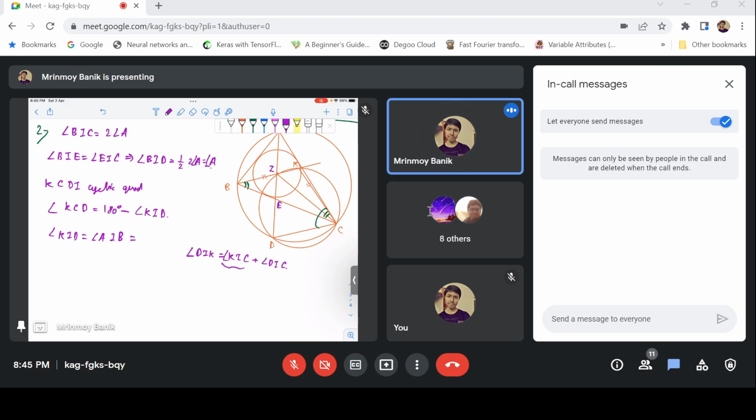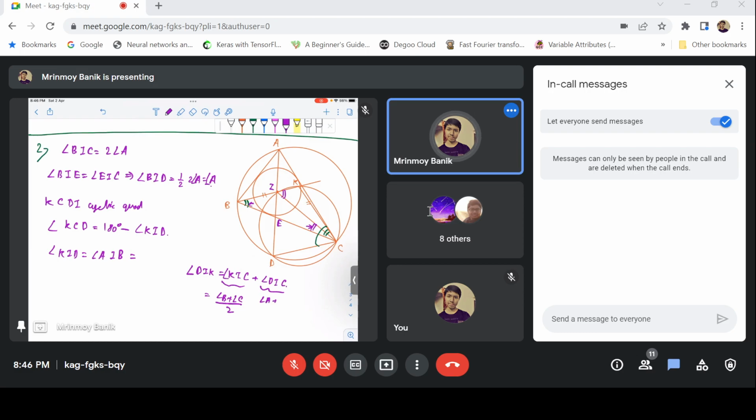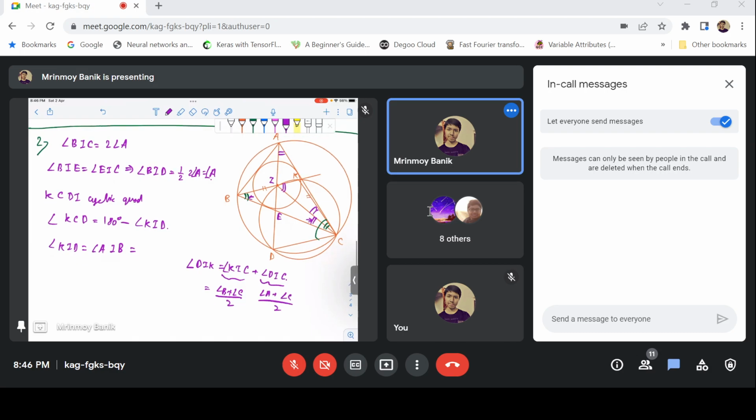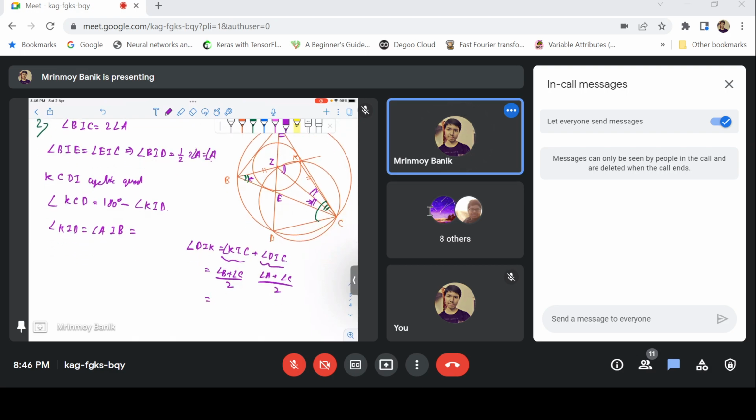KIC is the angle B plus angle C by 2's, these two, this angle and this angle. Similarly, DIC is the top one, A by 2, and this one, C by 2. So that gives us A plus B by 2 plus C.